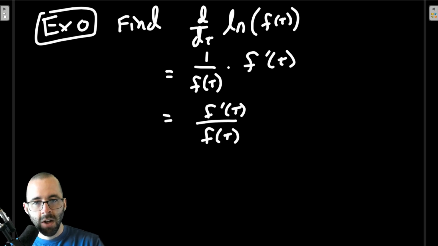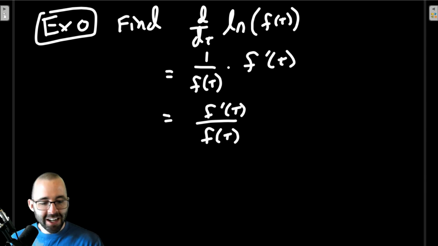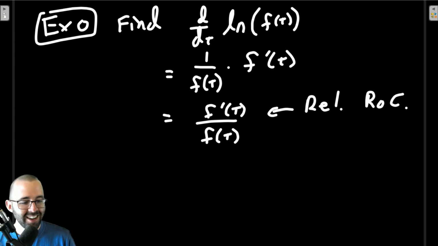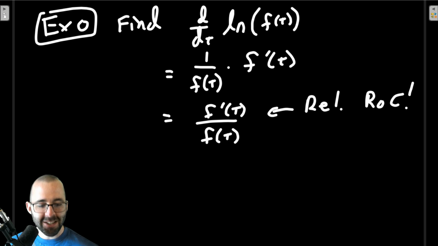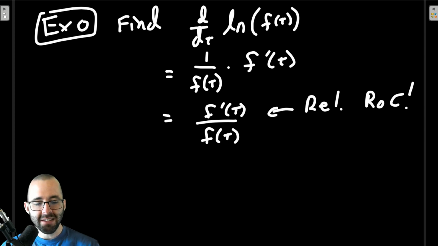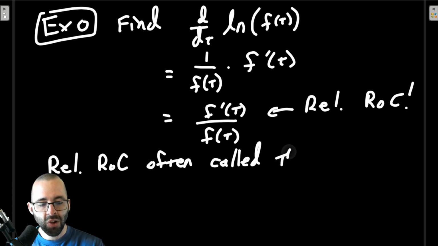Oh. Wait a minute. This is the relative rate of change, right? What a coincidence. Wow, let's get an exclamation point in here. The derivative of the natural log of the function is the relative rate of change. And for this reason, the relative rate of change is often called the logarithmic derivative.